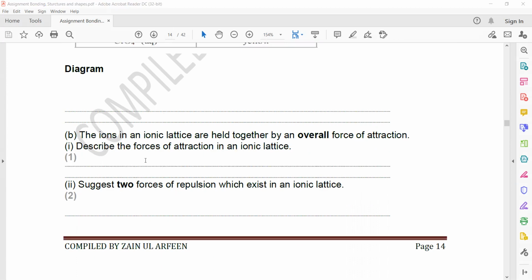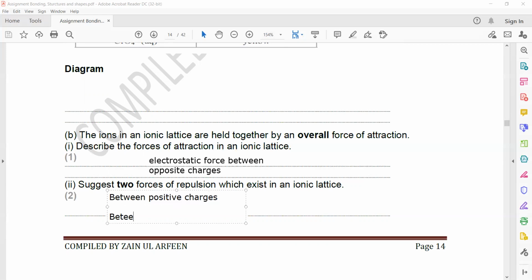And here there is electrostatic force between the opposite charges, and two forces of repulsion that exist, between the positive charges and between the negative charges. These are the forces which exist.